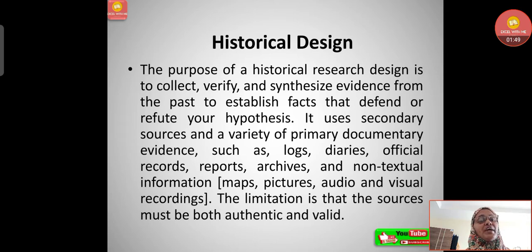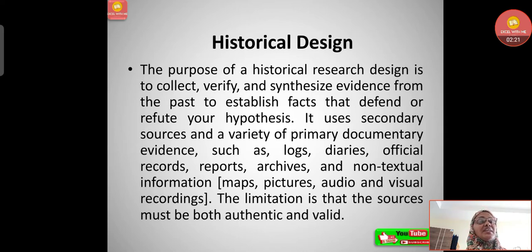Directly you will prepare a questionnaire and give it to the subject so that you can collect the evidence. Here in historical, what happens? You will collect the secondary sources, maybe primary documentary evidence such as logs or anecdotes or diaries or official records, reports, and non-textual information, maps, pictures, audio tapes or visual recordings, you will take it as evidence.